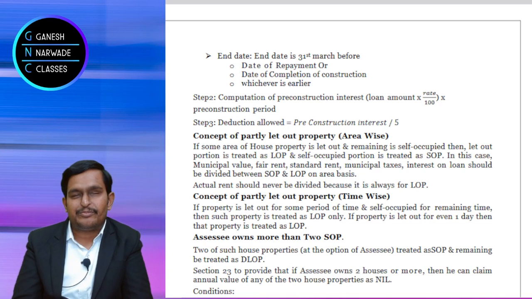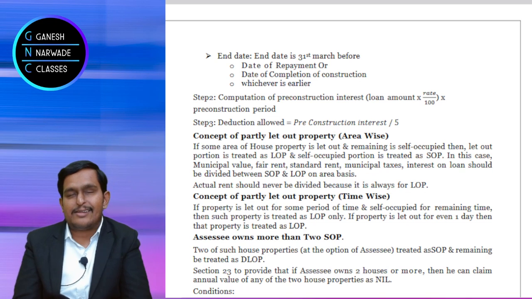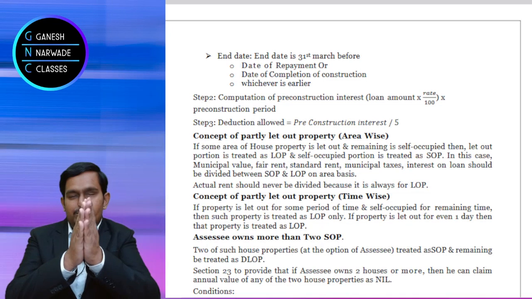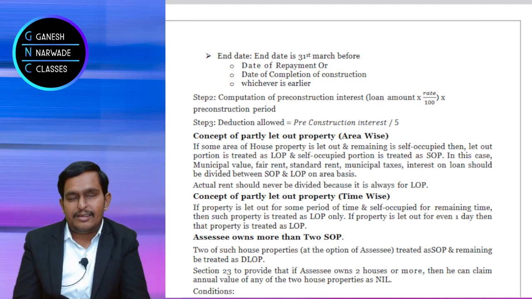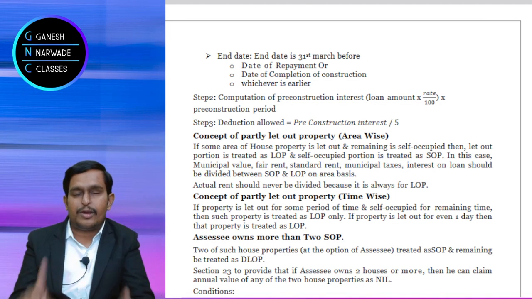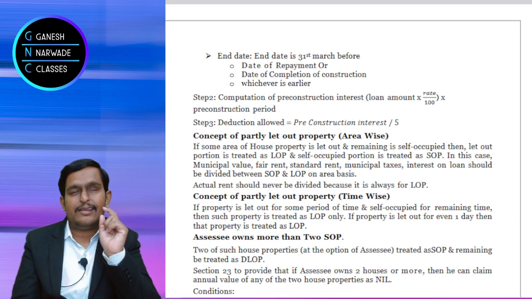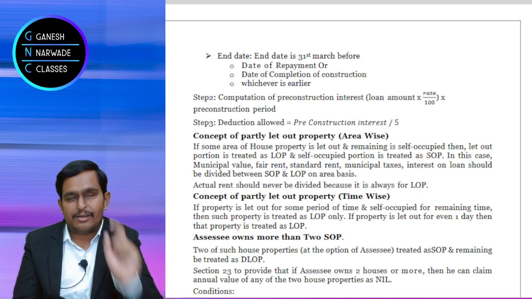Now you may ask me a question, sir, all things are okay, but what about municipal tax and interest? That is because municipal tax is for the whole building, interest on loan is also for the whole building, so that is allowed as deduction on proportionate basis.